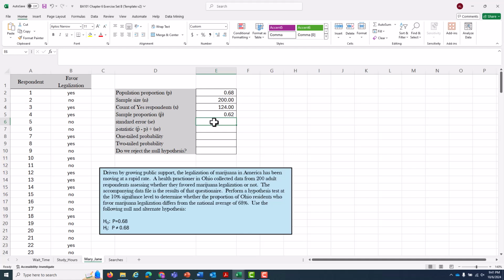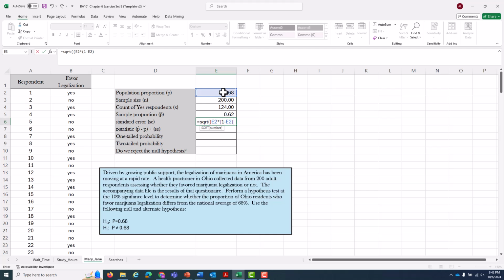What you need to do is say that it's equal to the square root, SQRT, open a pair of parentheses, of the population proportion, so 0.68, times the complement of that. So in another set of parentheses, I'm going to say 1 minus 0.68. And if you're good with mental math, that's the other 32%, if you will.